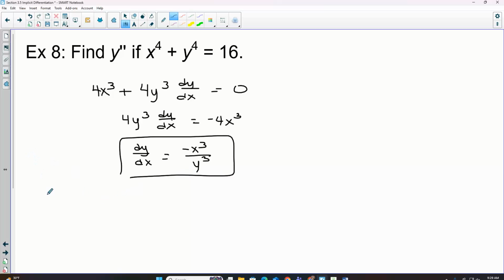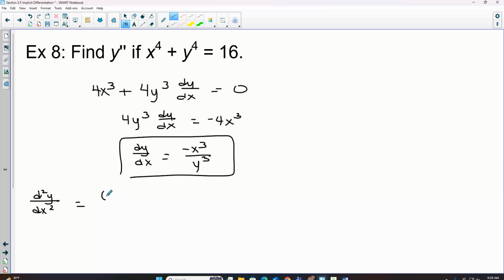To do the second, the notation, you can use y double prime if you want. In dy dx's, we talked about this at the very beginning, it looks like that, but you could also, if you wanted at this point, switch it to y double prime, you're welcome to. What would I have to do over here? Quotient rule.